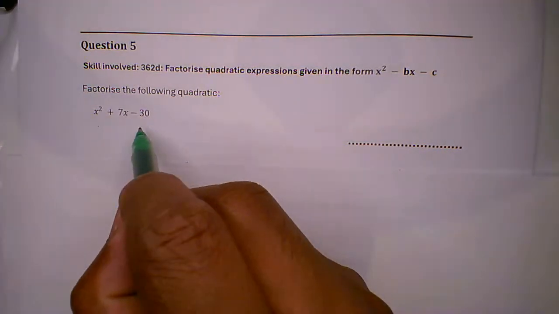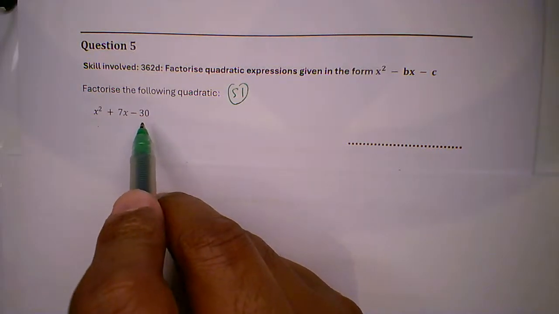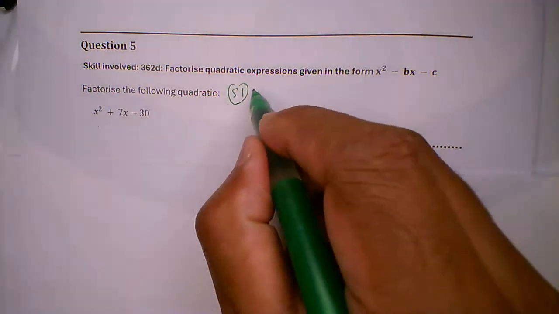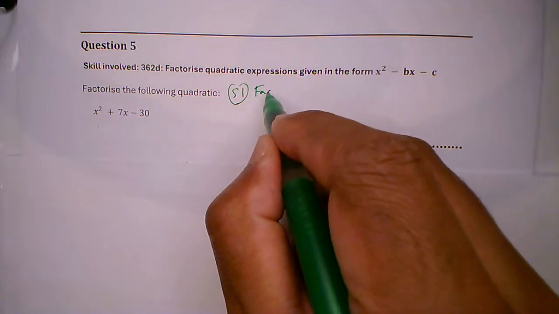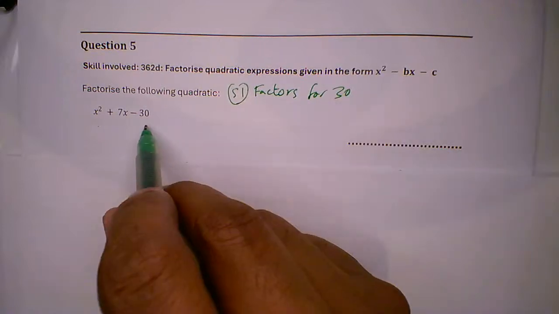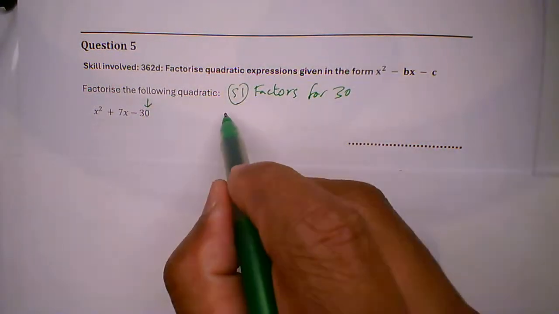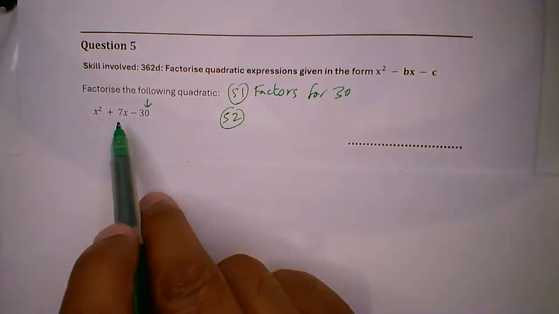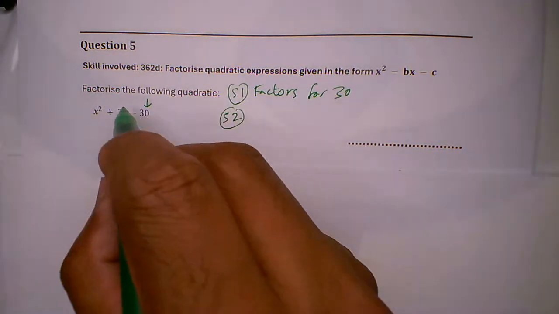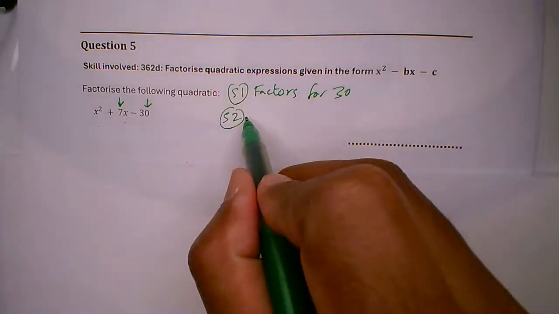Step 1 is look at the pair of numbers that make 30, the factor pairs for 30. Okay, so it's our number part. This is our step 1. Step 2 is we look at the x term and which pair makes the x term, in this case 7.